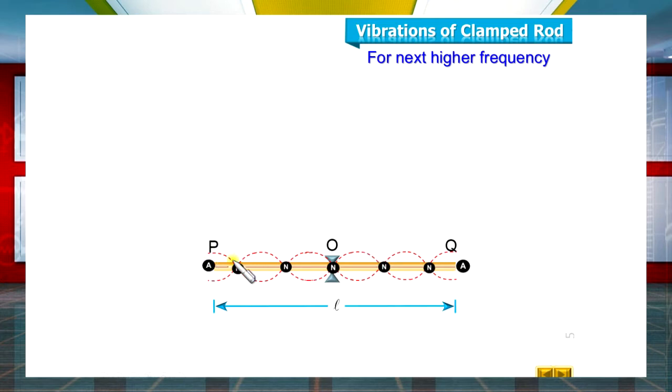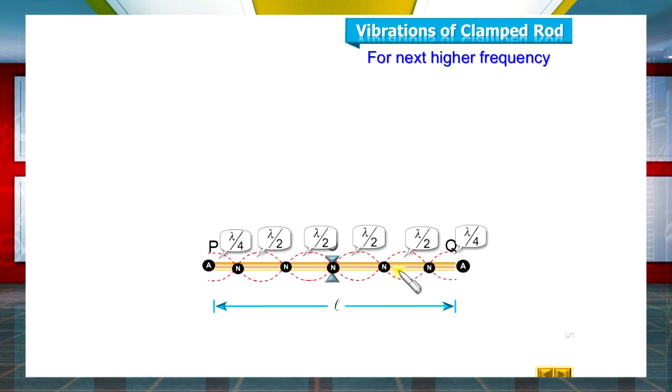And here we can observe this length is lambda by 4. This is lambda by 2, lambda by 2, lambda by 2, lambda by 2, and lambda by 4. So let us write these lengths. Okay. Now if we add this, this is lambda by 2, lambda by 2, lambda. This is lambda by 2, lambda by 2 is again lambda. So this is 2 lambda, and lambda by 4 plus lambda by 4 is lambda by 2.